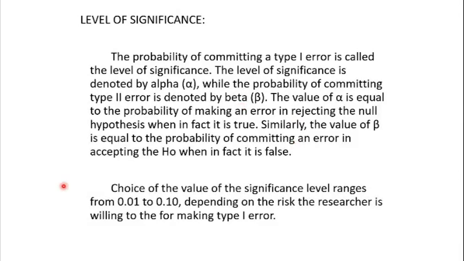And we also have naman yung choice ng value ng level of significance natin. So may range siya from 0.01 to 0.10. So usually ang ginagamit natin na level of significance is we have the 0.01, 0.05, 0.10. So yun yung madalas na nagagamit sa mga research. And then depending on the risk the researcher is willing to take in making a type 1 error.